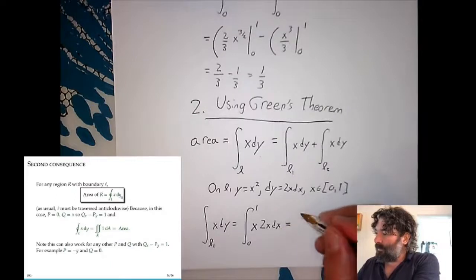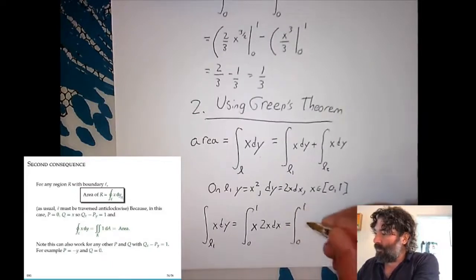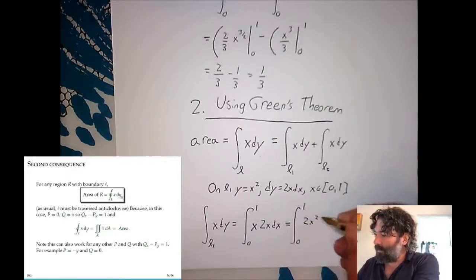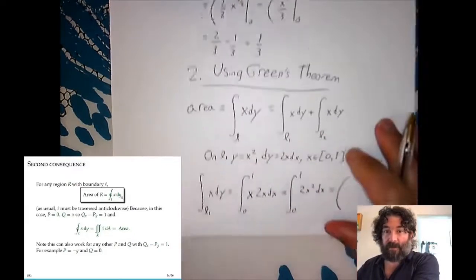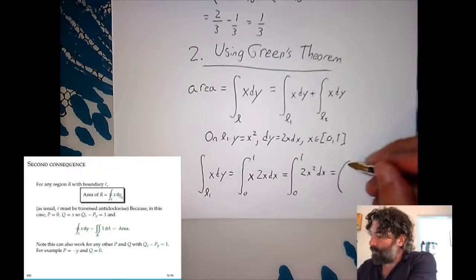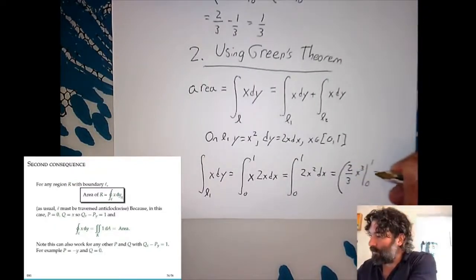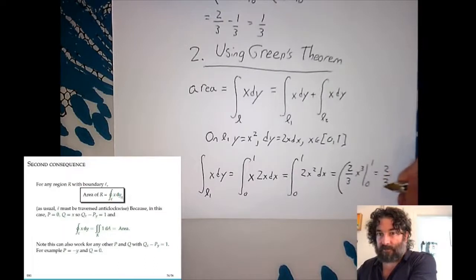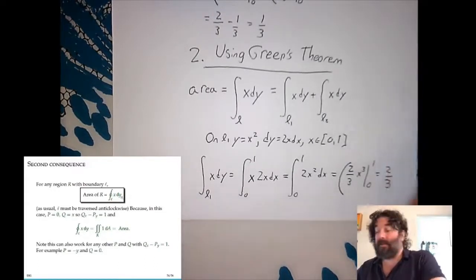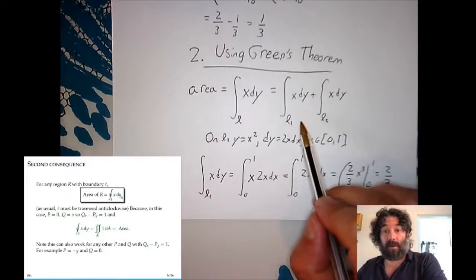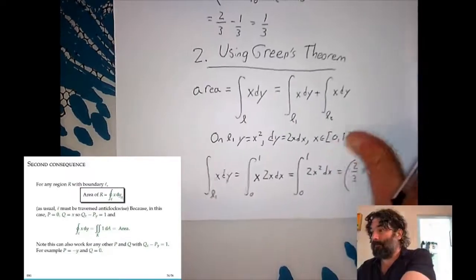All right, so this is the integral from 0 to 1 of 2x squared dx. The indefinite integral is 2/3 x cubed. Evaluate from 0 to 1, which gives us 2/3. And this is the integral of x dy along L1.